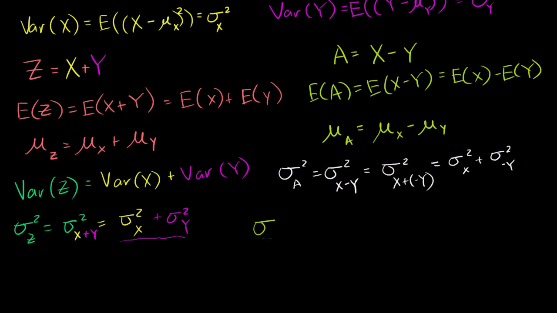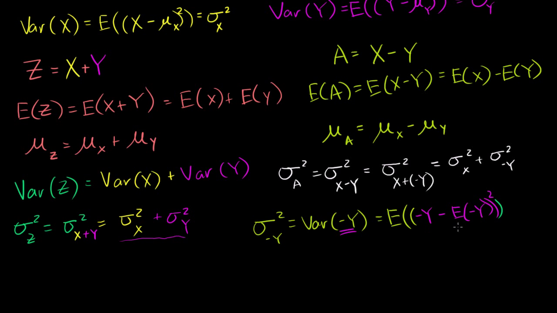The variance of negative y is equal to the expected value of the distance between negative y and the expected value of negative y squared. That's all the variance actually is.